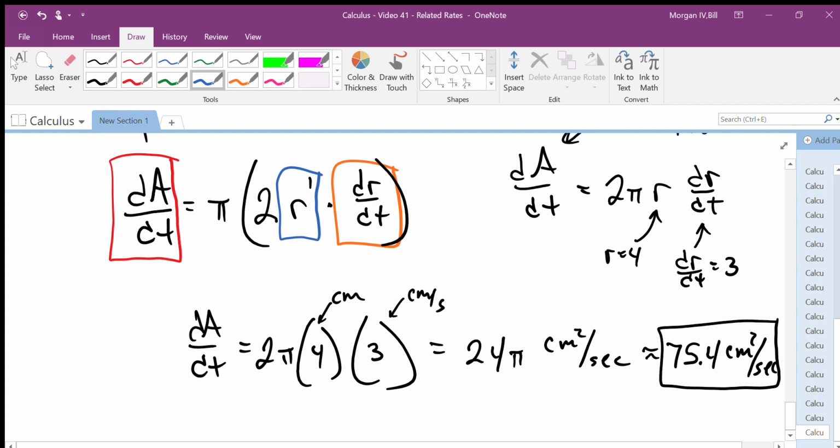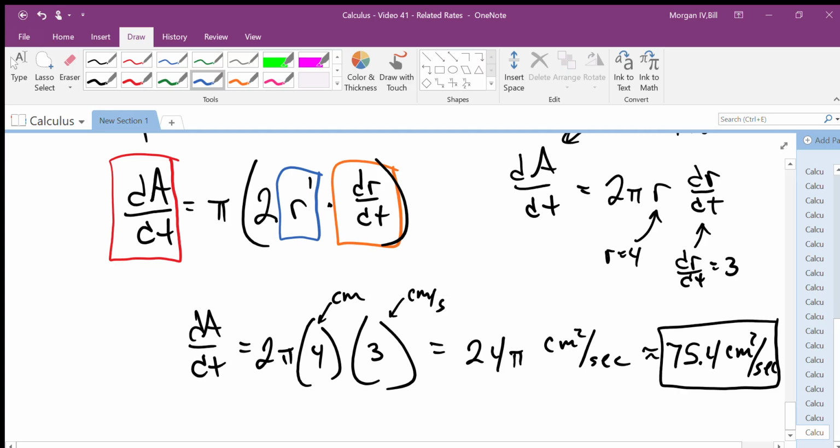The faster the radius changes, the larger dr/dt, the larger dA/dt will be. But also, the larger your r value, the larger your radius, the larger dA/dt will be. So dA/dt depends on both r, the size of the radius, and also the rate at which the radius is changing. And we see that in the formula when we take the derivative implicitly.